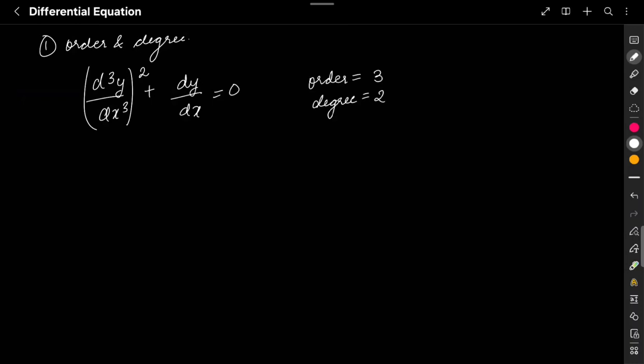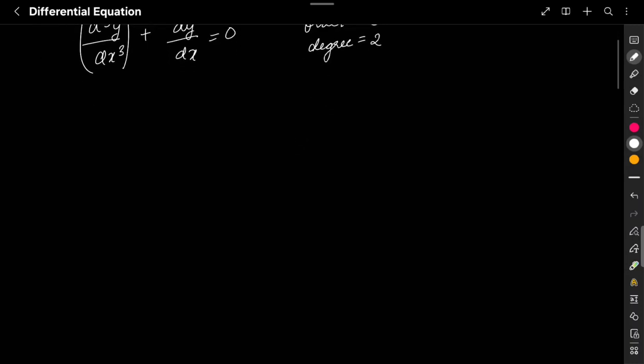So how can we form a differential equation? If an equation is given along with arbitrary constants, then in order to form a differential equation, we differentiate the given equation as many times as there are arbitrary constants in the given equation. After differentiating, we need to eliminate all the arbitrary constants.